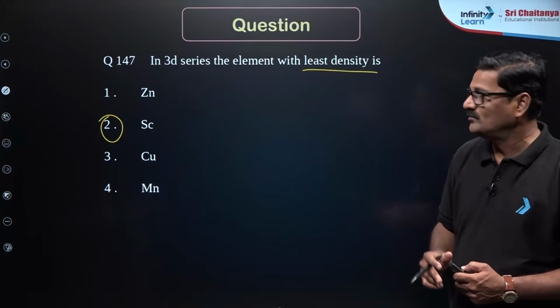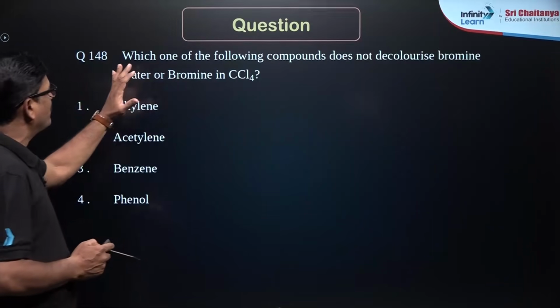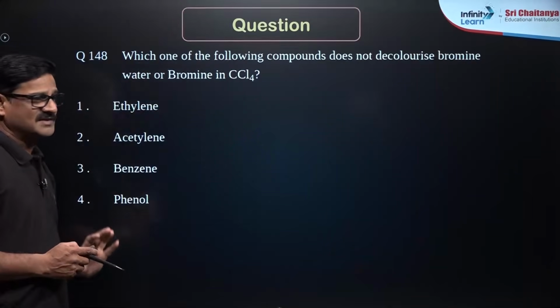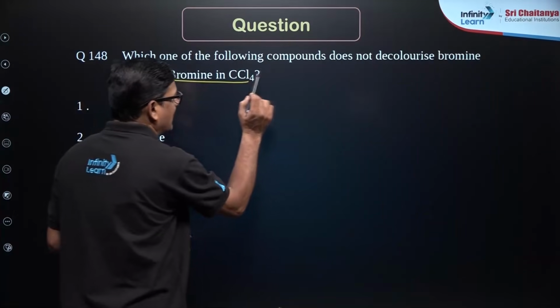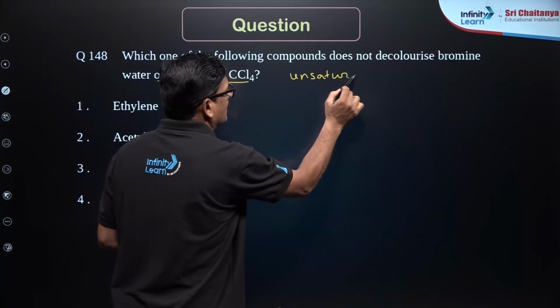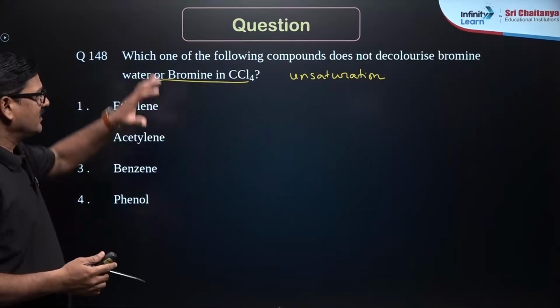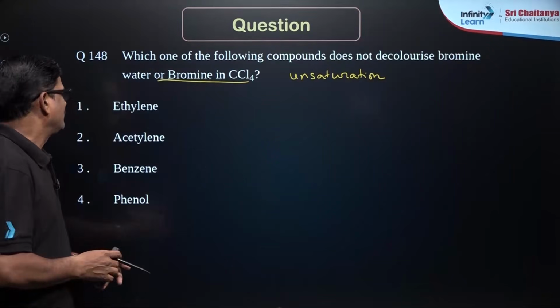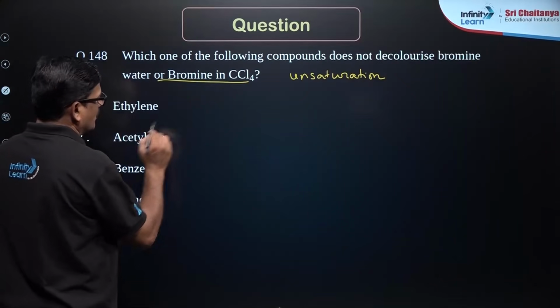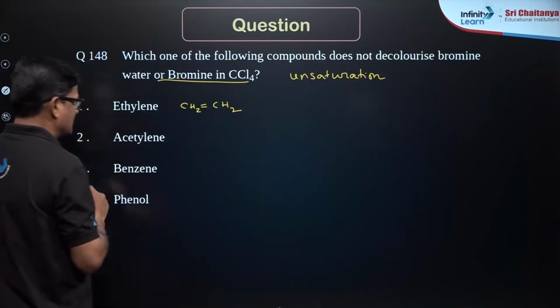And moving ahead, which of the following compounds does not decolorize bromine water or bromine in CCl4? So this can happen when unsaturation is there. So alkene, alkyne can give this decolorization. Ethylene, CH2 double bond CH2, decolorizes.